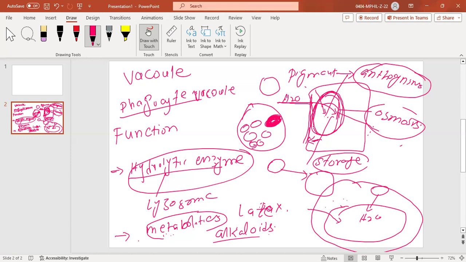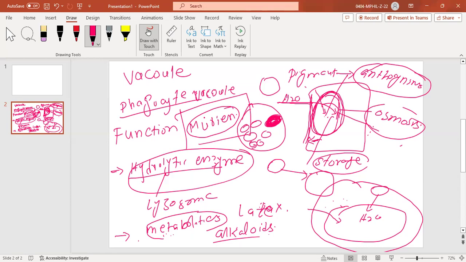Let me write something. I'm writing murein. It has another name, peptidoglycan, by which this structure is formed, in case of prokaryotes.